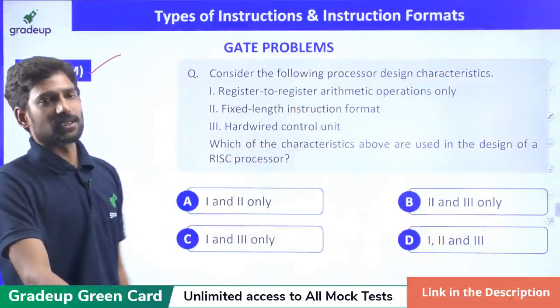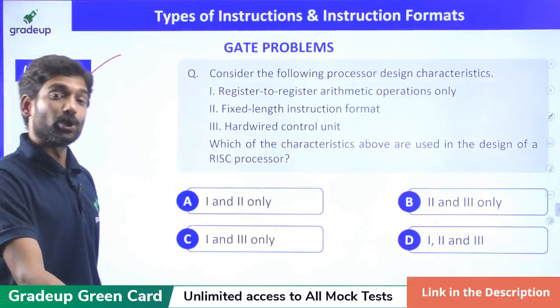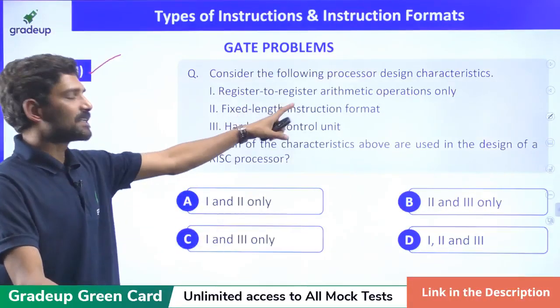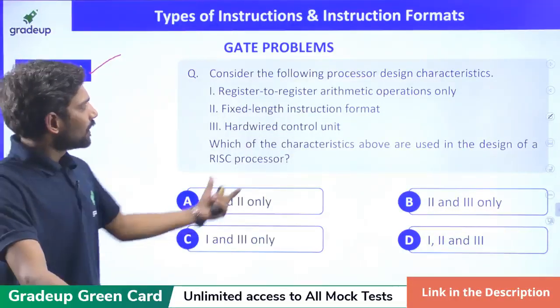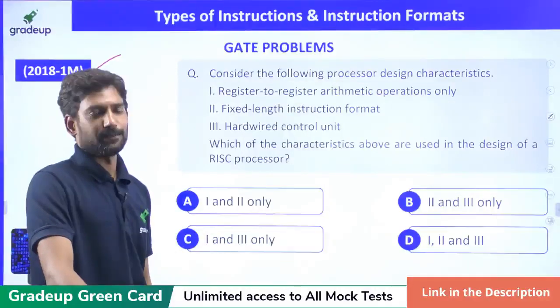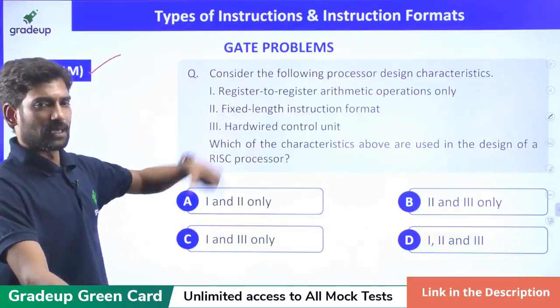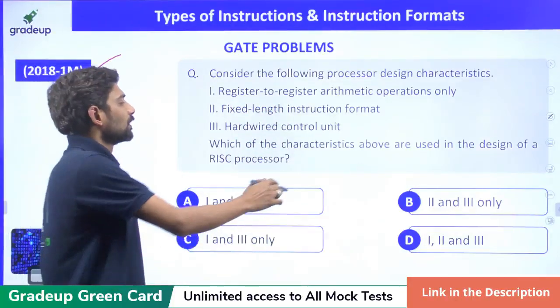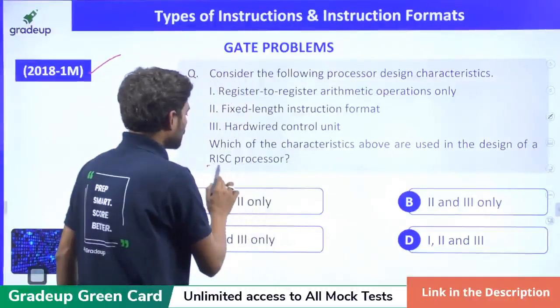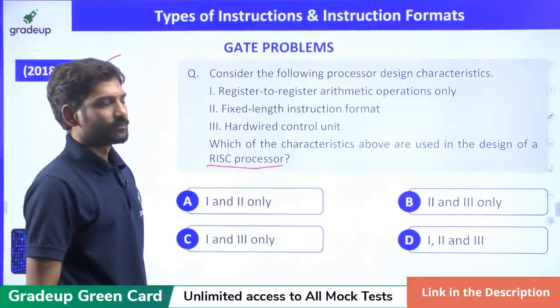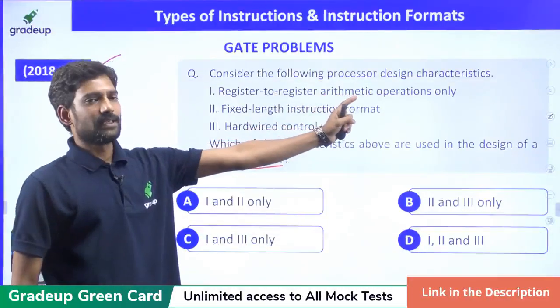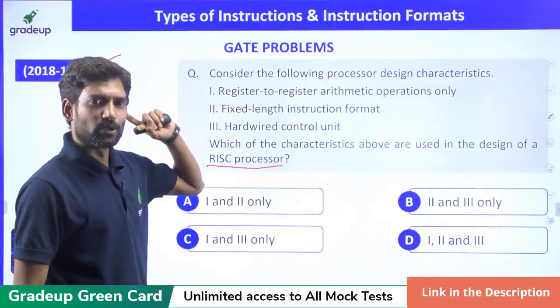Register to register arithmetic operations only. Fixed length format. Hardwired control unit. Of course, this I have not yet discussed, but RISC processor uses register to register operations only.